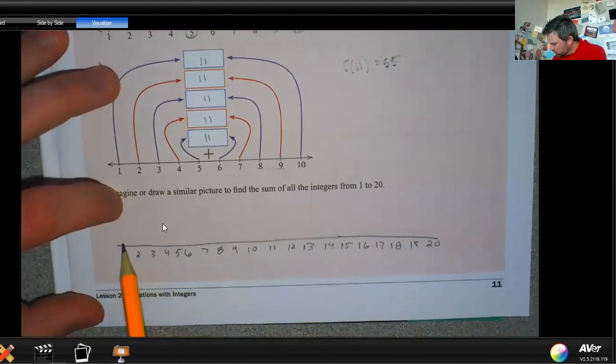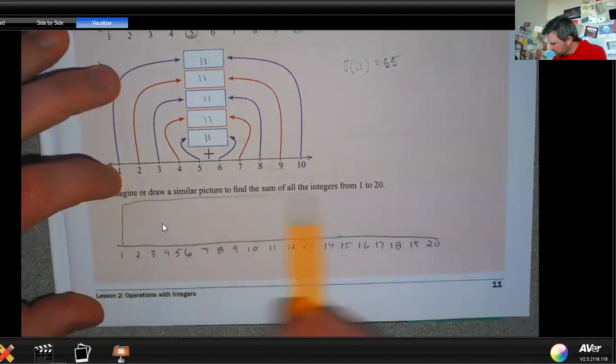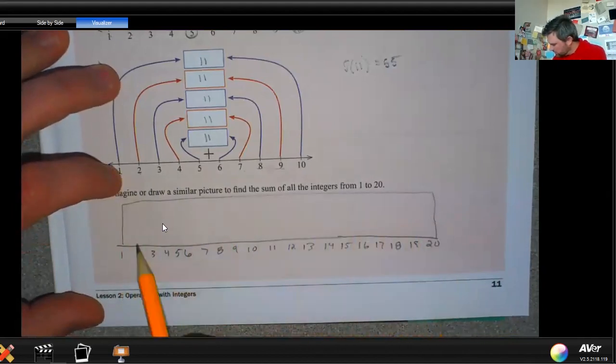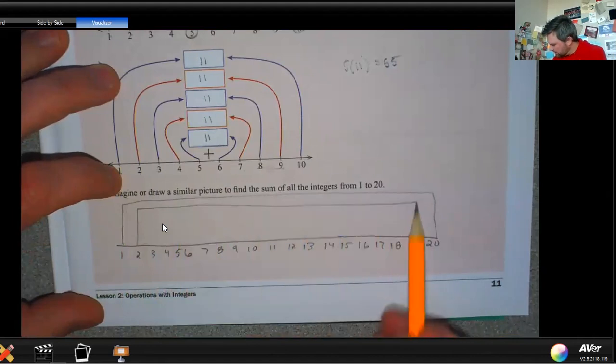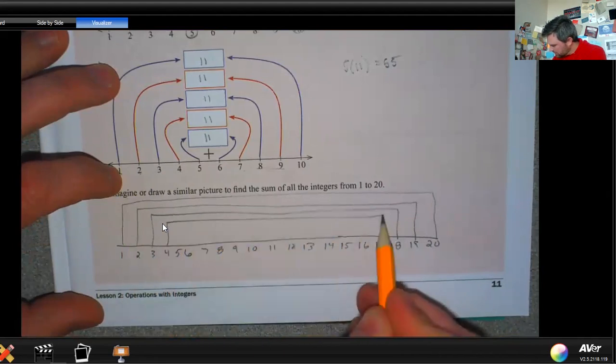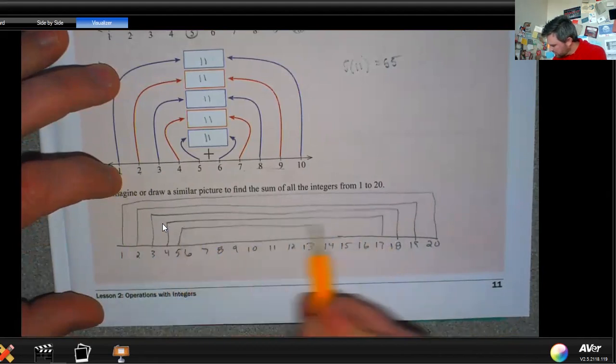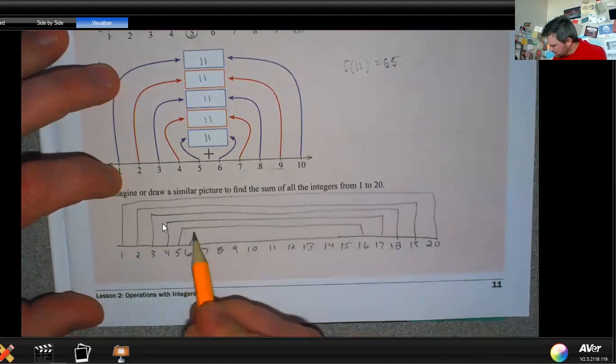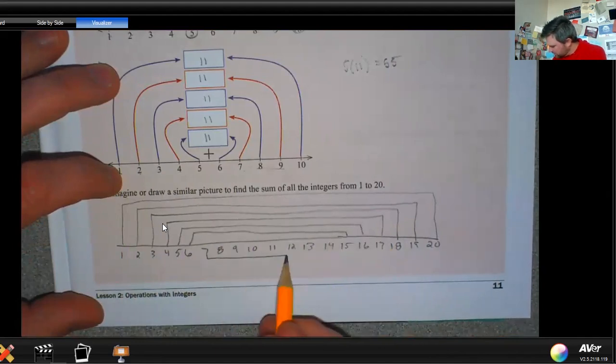So we'll do 1 goes with 20, 2 goes with 19, 3 and 18, 4 and 17, 5 and 16, 6 and 15, 7 and 14, 8 and 13, 9 and 12, and 10 and 11.